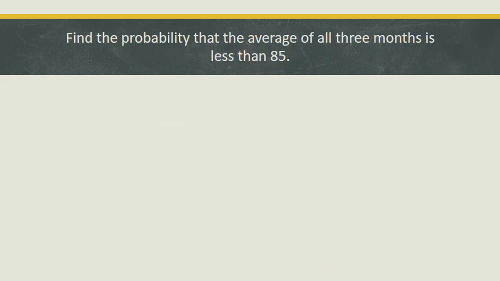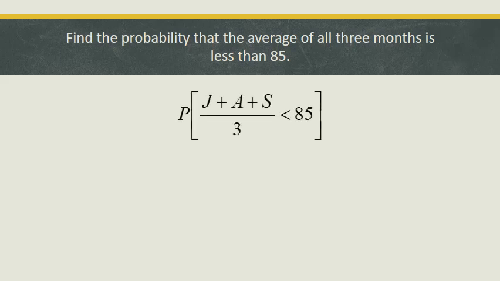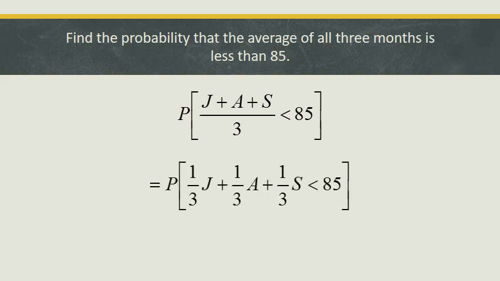Okay, this question is about average rainfall, which seems different, but it's still just a linear combination of the variables. We want the probability that average rainfall for the 3 months is less than 85. Now let's rewrite it as 1/3 J plus 1/3 A plus 1/3 S. It's the same thing.